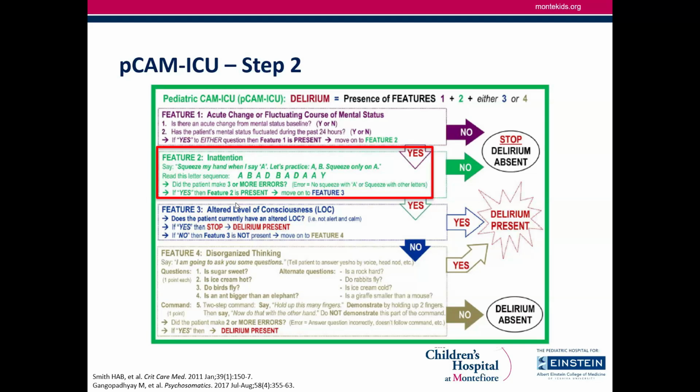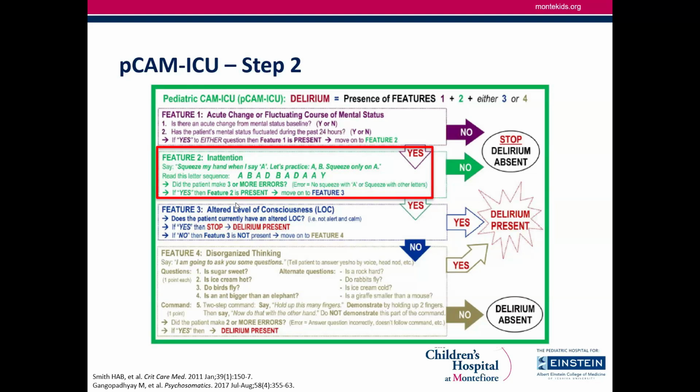Here is where there is direct cooperation with the patient. So the assessor will ask them to squeeze my hand when I say the letter A and some other commands. If the patient makes 3 or more errors, you would move on to the next step. However, if they are not positive in this area, then you would stop the assessment right then and there, since they would not be positive for delirium.